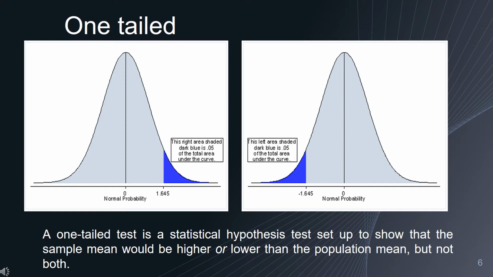Here, the hypothesis is tested in one direction. For example, as I have said, the null hypothesis is that the drug has no effect, whereas I will frame the alternate hypothesis saying that the drug has improved effect or the drug has decreased effect.